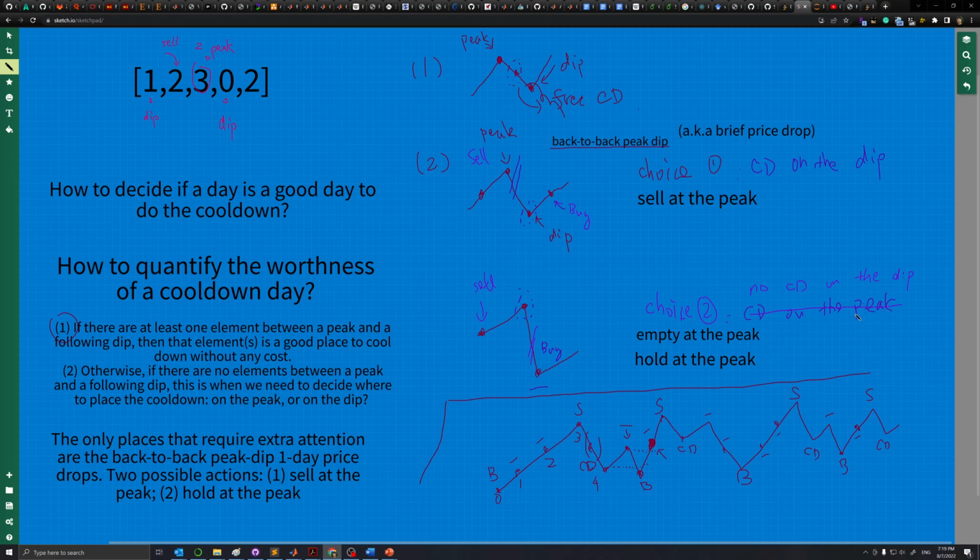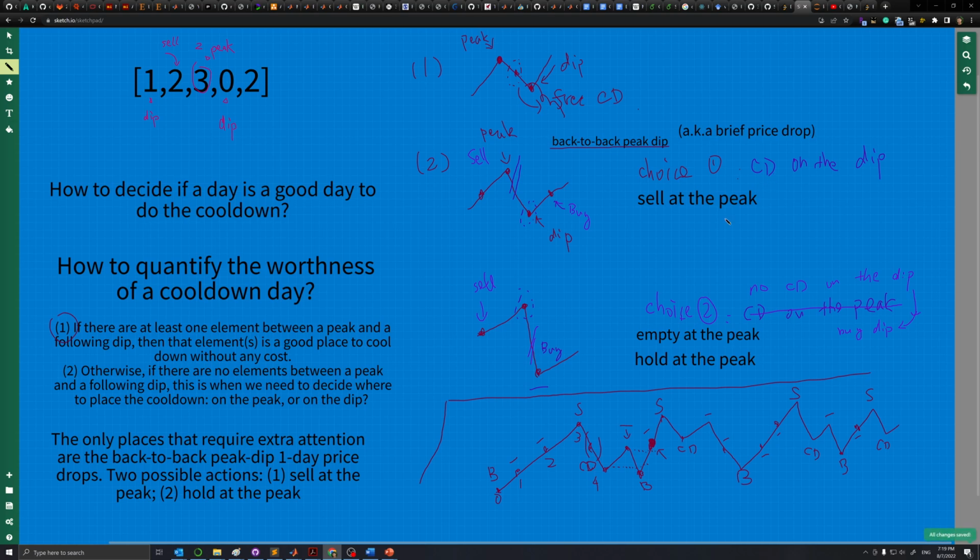This directly leads to buy the dip. Because if there's no CD on the dip, why not buy it? If you know it's a dip, the only right choice, and the best choice here, is to buy the dip, right?